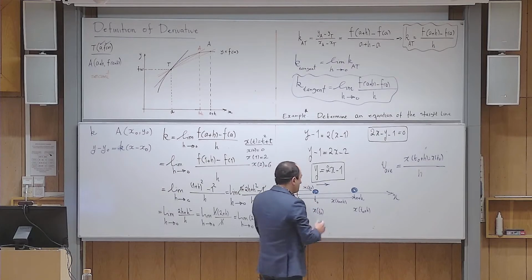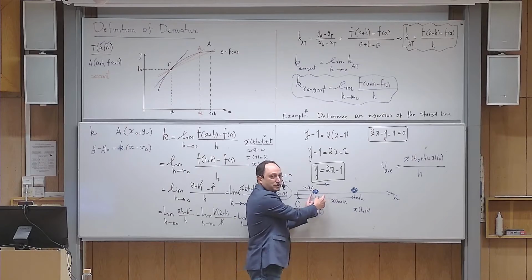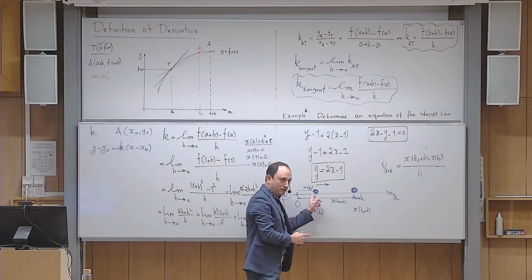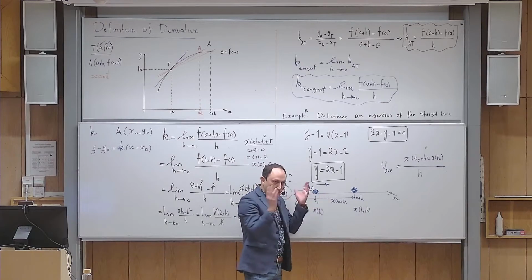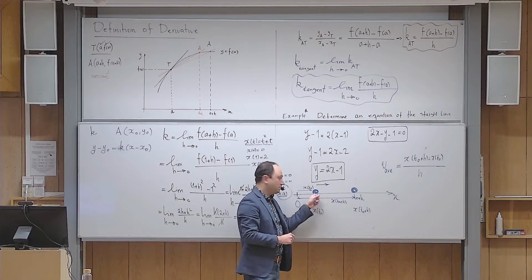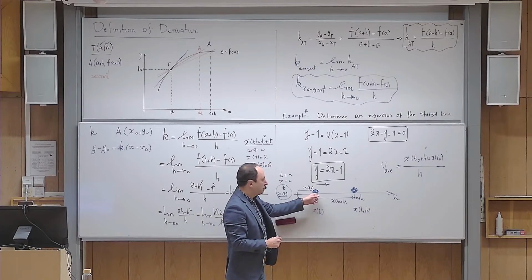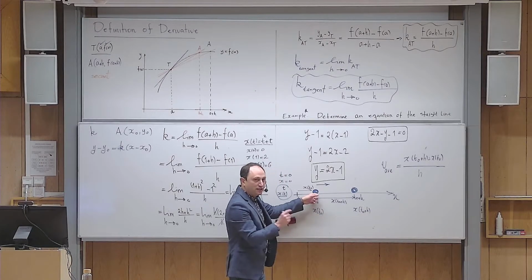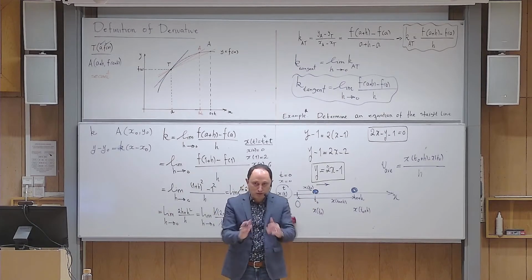But if I wait 2 seconds, still the average velocity is not the same as the speed that I want to calculate. But hopefully you agree with me intuitively that the average speed in this shorter interval is closer to the speed of the particle at that time. Because whatever speed the particle had here, it has only 2 seconds to decide to change its speed, and that time interval is shorter.